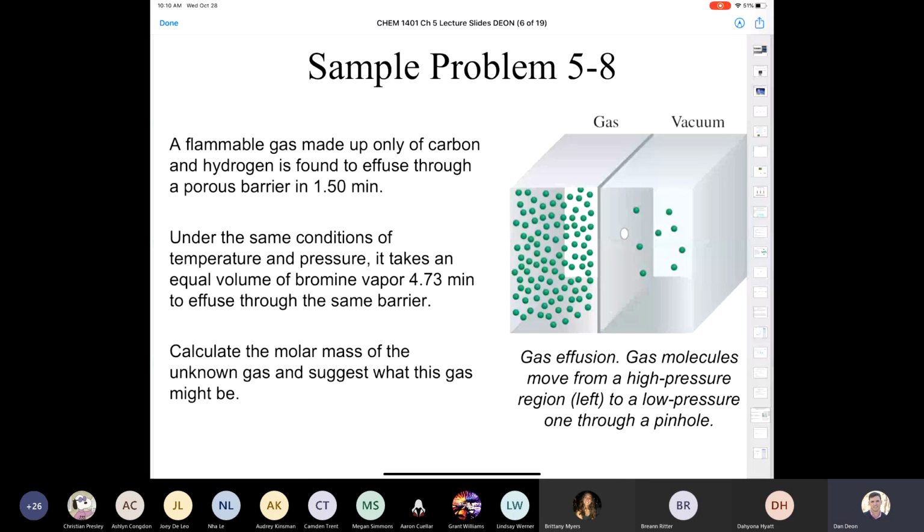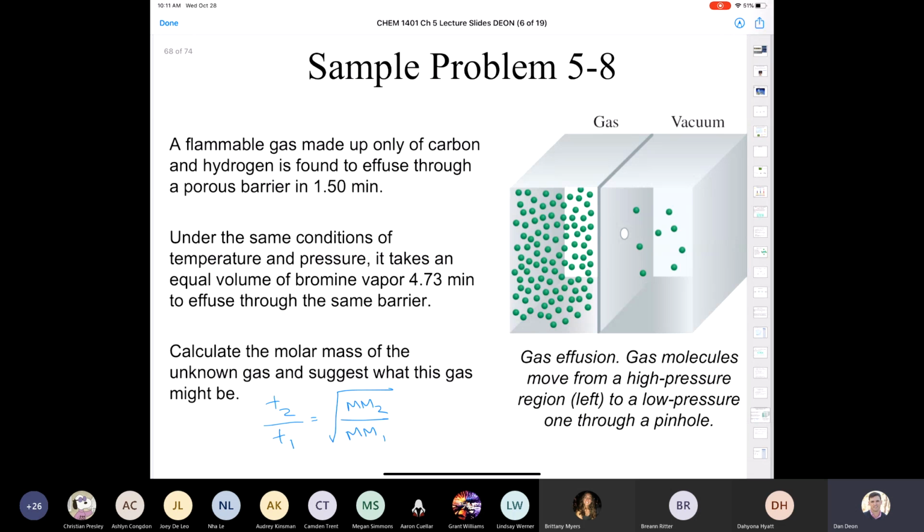Okay, so we're going to need the formula for diffusion, right? And we said that T2 over T1 is going to be equal to the square root of the molar mass of 2 over the molar mass of 1. All right, we're given some times.